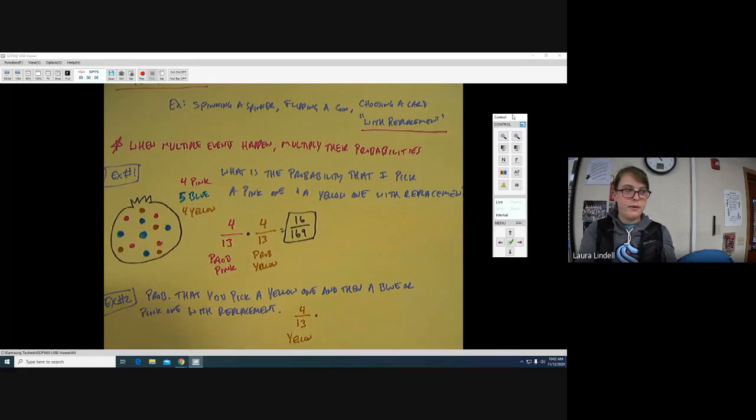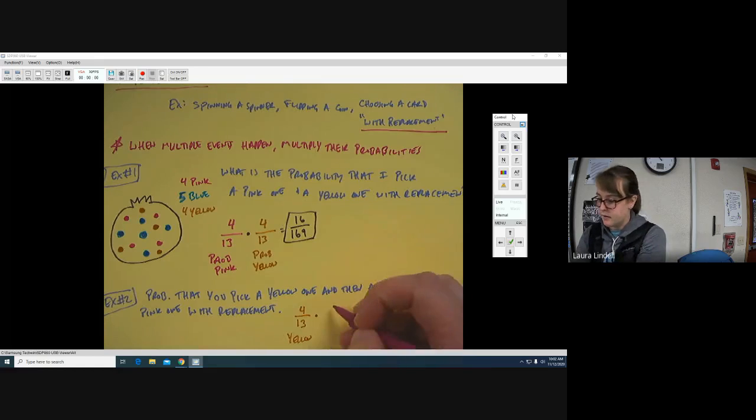What's the probability of picking a pink one or a blue one? Nice, Shy. Yes. We have 4 pink and 5 blue. So if I'm okay with picking either one of those, that means there's 9 total that I would be okay with picking out of 13 marbles.